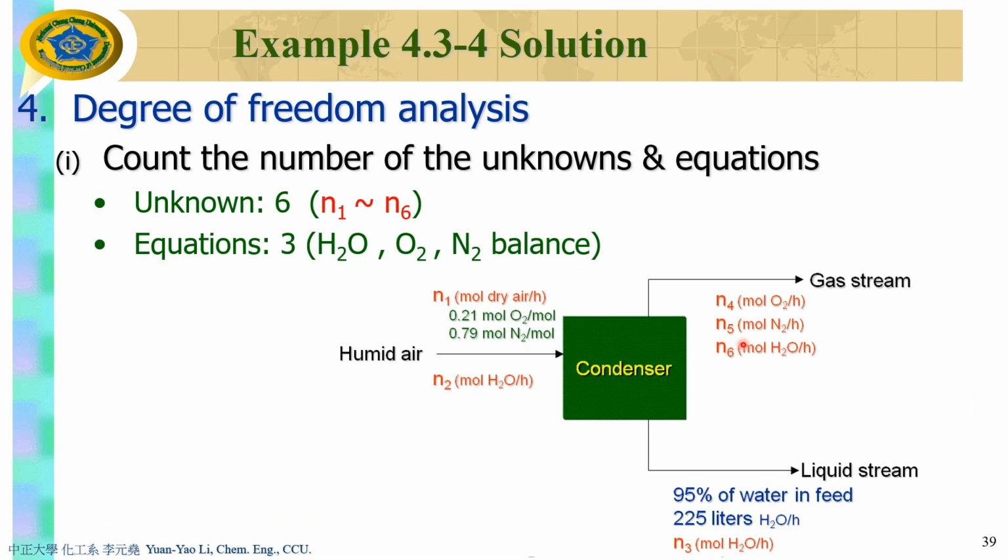So first of all, how many species? You have water, oxygen, and nitrogen. So you can use input of the water equal to output of water. You can use input of oxygen equal to output of oxygen. So input equal to output. You have 3 species, so you can make 3 equations.